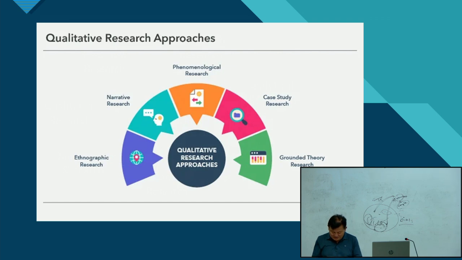So I want to move to an example. A research design example: a researcher wants to study the impact of a new teaching method on students' test scores. Okay, this research design is fine. The researcher wants to know the impact of the new teaching method on student test scores.